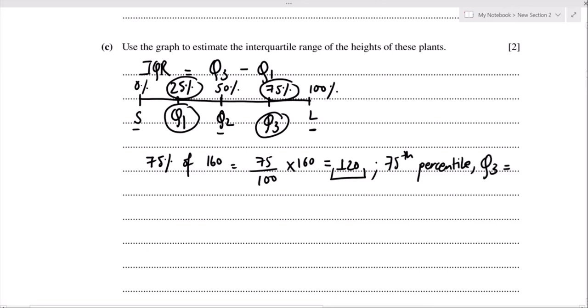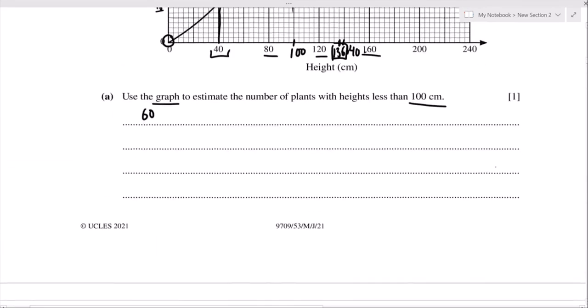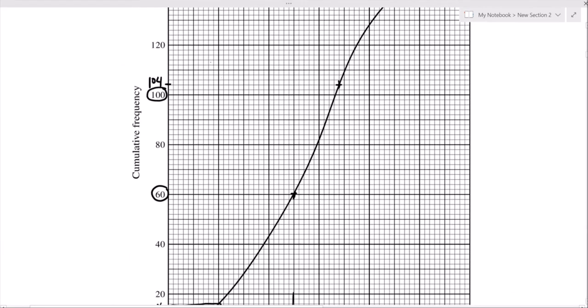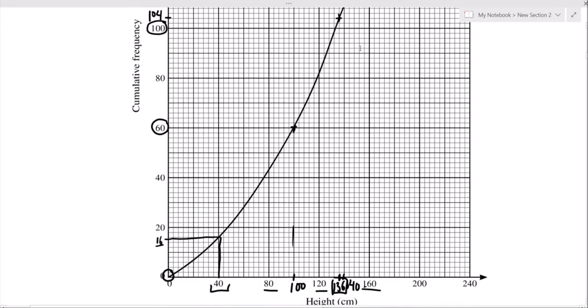So we need to look at the graph again. We're looking at 120 sunflowers, which is right here. Then the point on the curve will be right here. Then the corresponding point on the x-axis, or the height axis, will be somewhere around here.